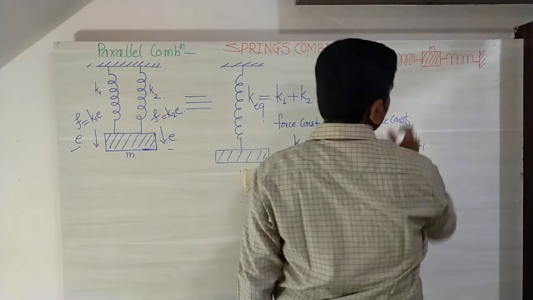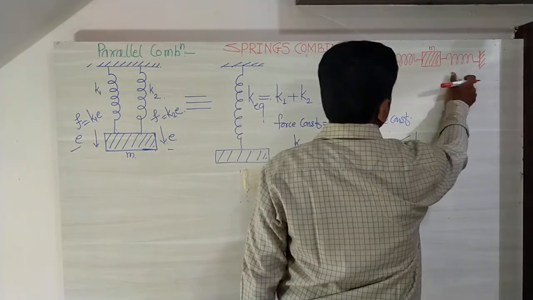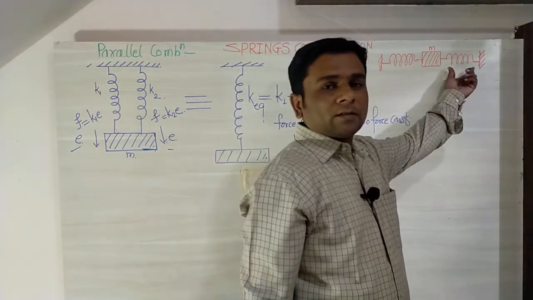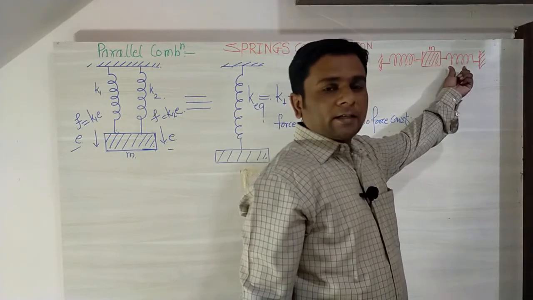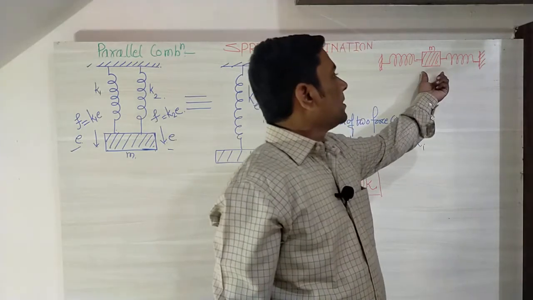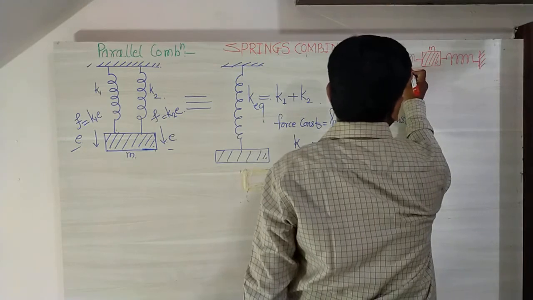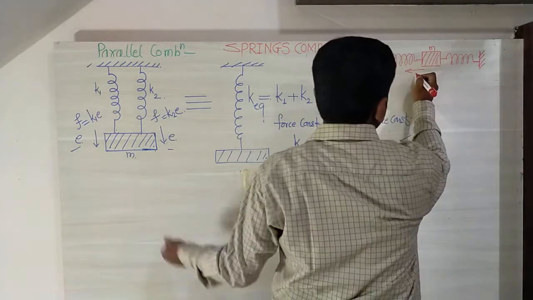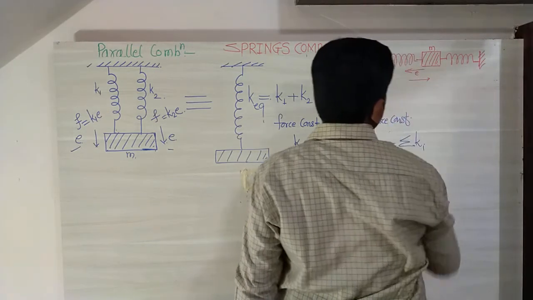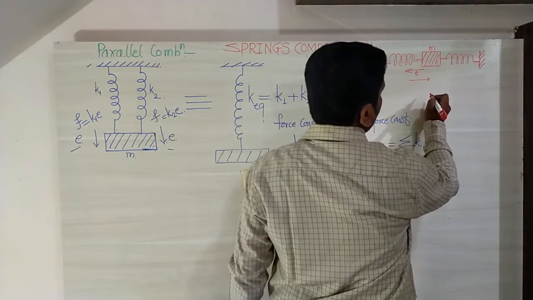If the block is displaced, what happens? The extension produced on the right side and the left side is the same, and the restoring force is opposite to the displacement in that spring. If the block is displaced or extended on the left side, then F acts toward the mean position, opposite to the displacement.